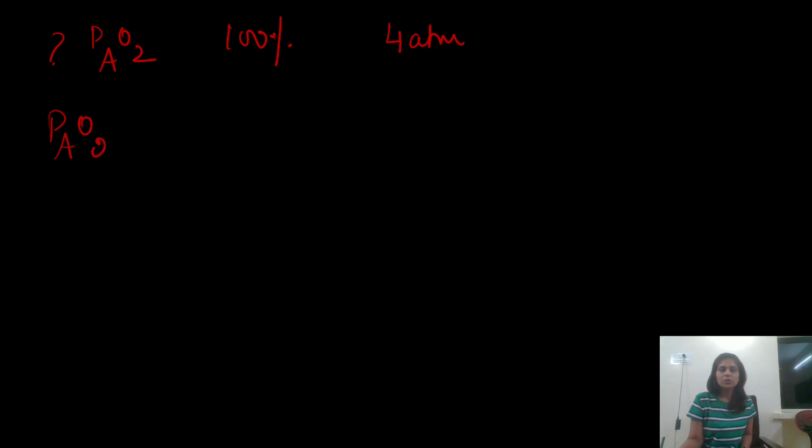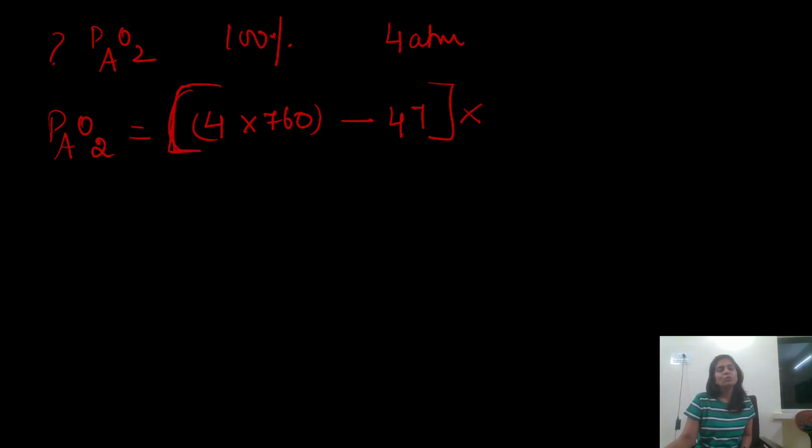The alveolar partial pressure of oxygen is equal to the total atmospheric pressure. At sea level, I said it's 760. But here the ventilator is set up at 4 atmospheric pressure, so it is 4 into 760, minus the partial pressure of water vapor, which is always 47. So 4 into 760 minus 47, into the fraction of oxygen in the inspired air.